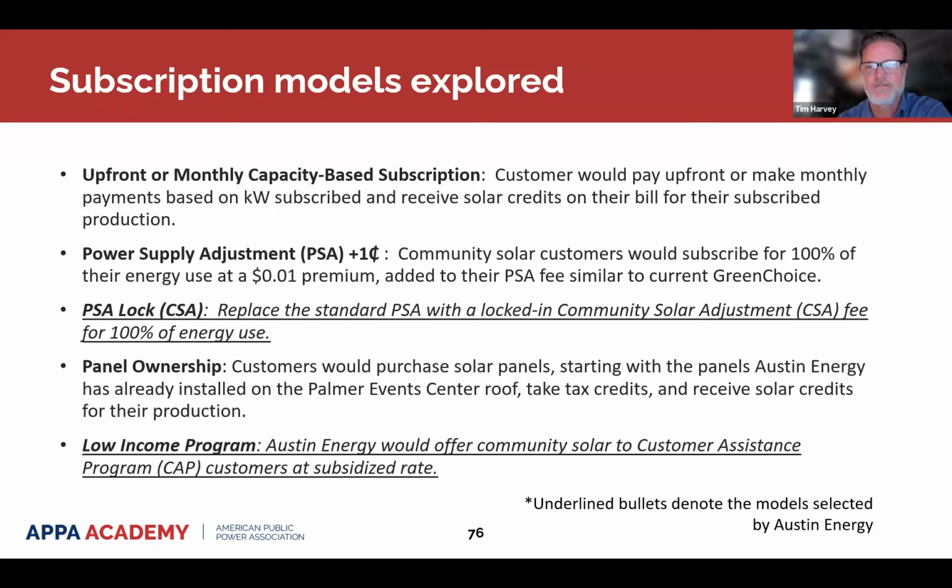As I mentioned earlier, low-income customers are now saving a little bit more than $0.015. And the market rate customers that signed up back in 2019 are pretty much cost neutral. They're paying about 1/10 of a cent less than everyone else. If that PSA continues to go up, eventually that hedge is going to pay off for market rate customers. No one knows how that's going to work out in the long run.